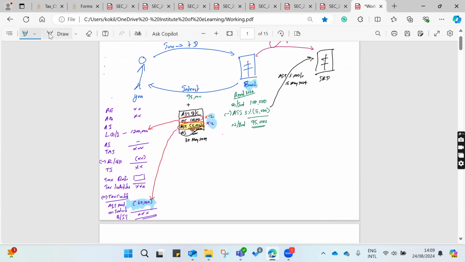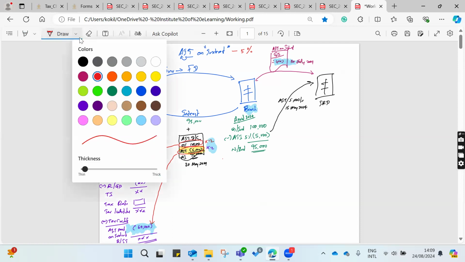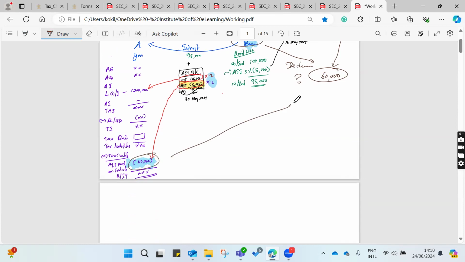Then only, if IRD checks, because the bank will submit the entire customer base detail, they might have some mistakes. It might happen. What you need to make sure is that the IRD will check your 60,000, whether this particular bank has properly declared it, and whether you are claiming the same thing.